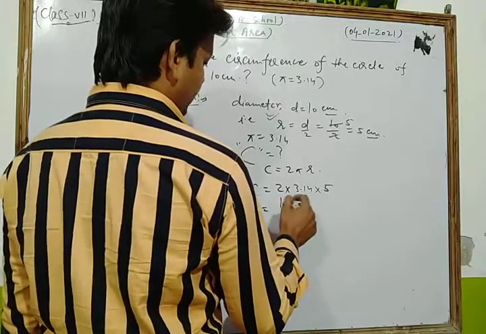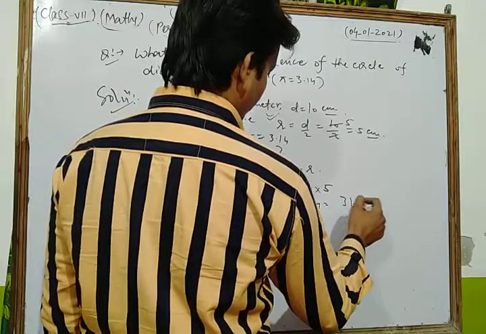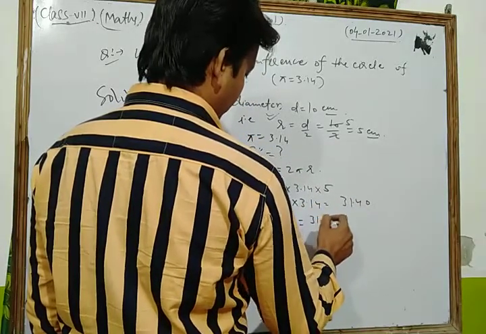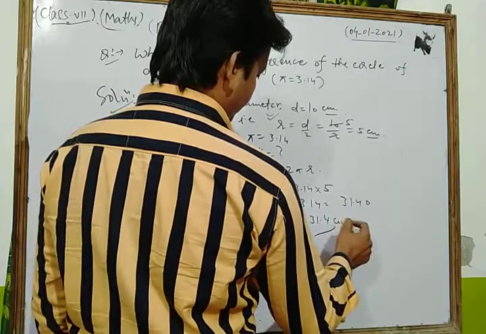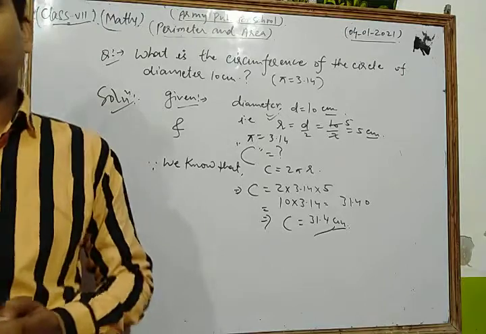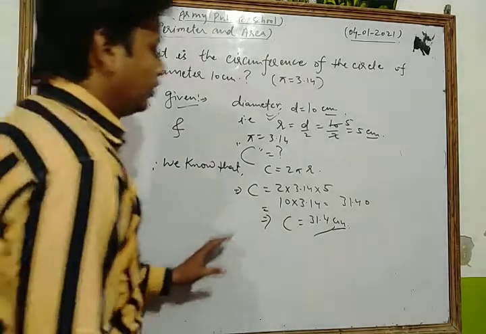So 5 2s are 10 into 3.14, that is 31.40. So C is equal to 31.4 centimeter.